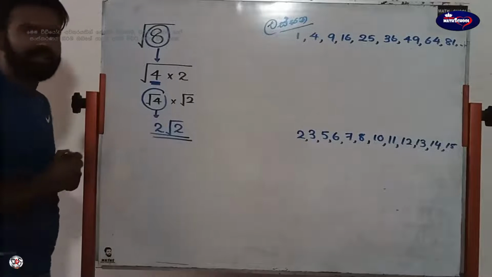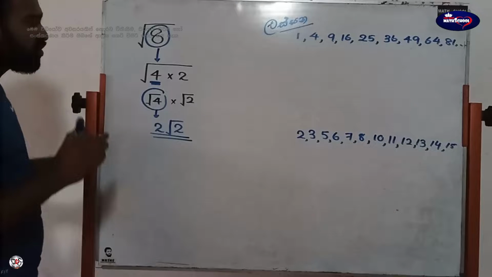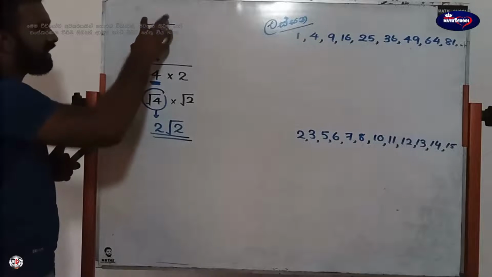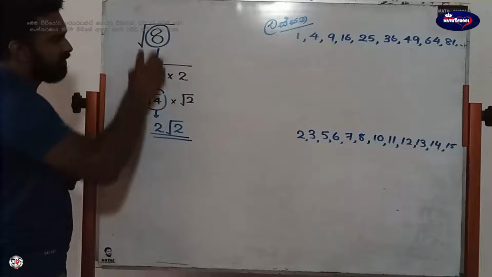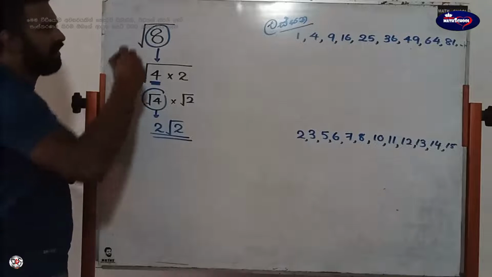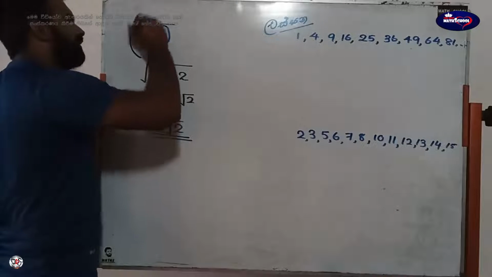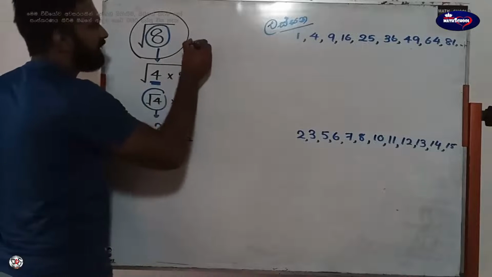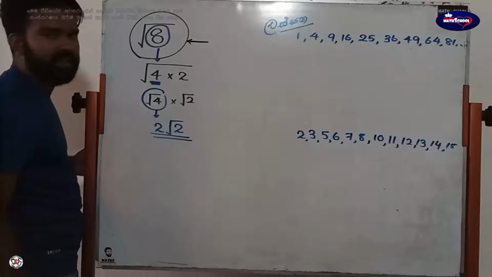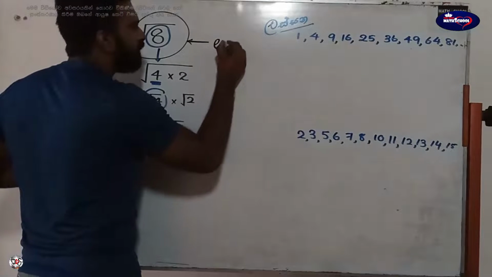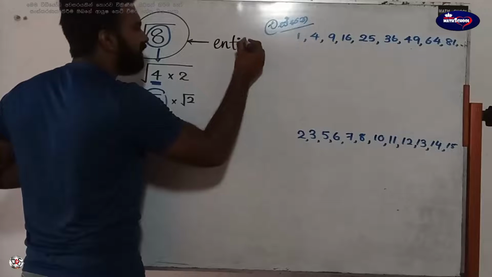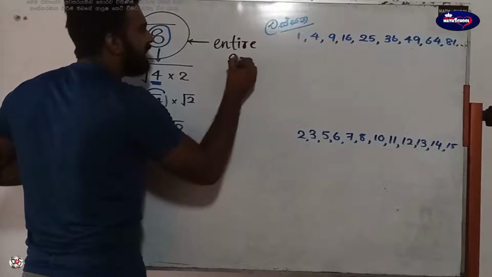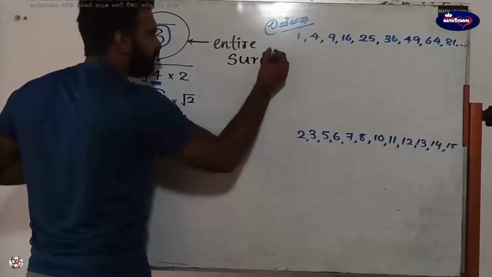So we can write it like this. Right? Such numbers can be made like this. This is how we write them. Square root of 8 and these types of numbers we are going to call entire surds.